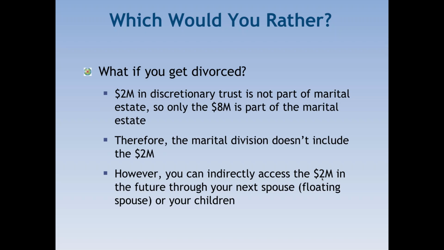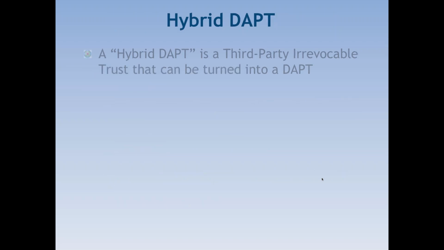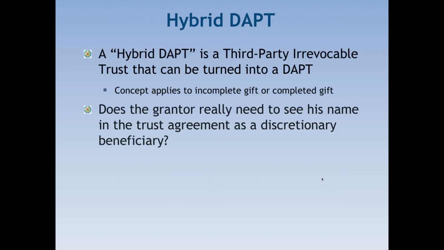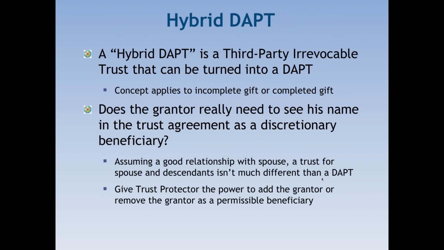So the marital division doesn't include the $2 million, but you can indirectly access the $2 million in the future through your next spouse, through the floating spouse provision, or through your children. So this is what's called a hybrid DAPT. It's a third-party trust that can be turned into a DAPT. The concept applies to incomplete gift or completed gift. We won't get into those distinctions right now.